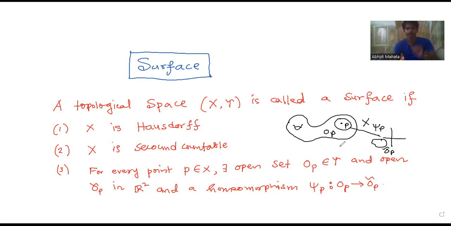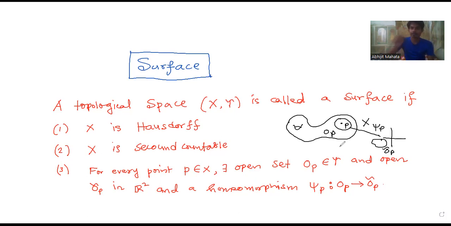R2 means the plane. A very standard example is the sphere. Think of a football: at every point, if you take a very small neighborhood, it looks like a plane.